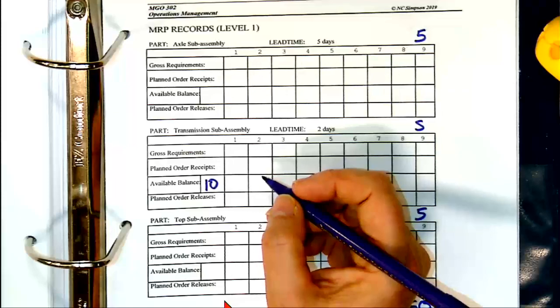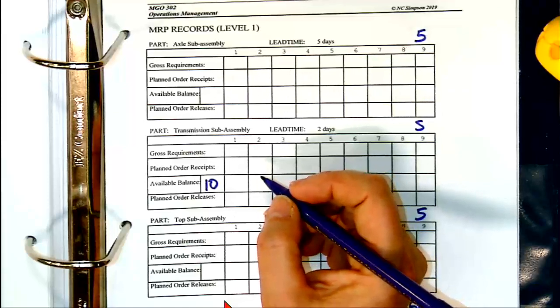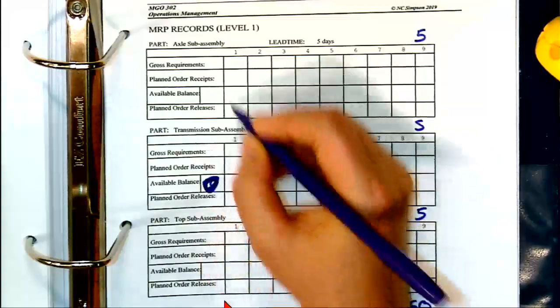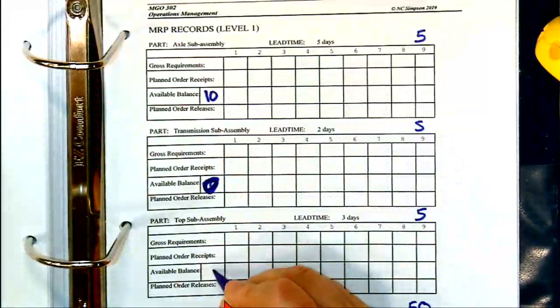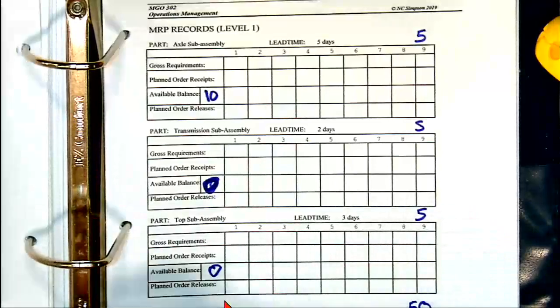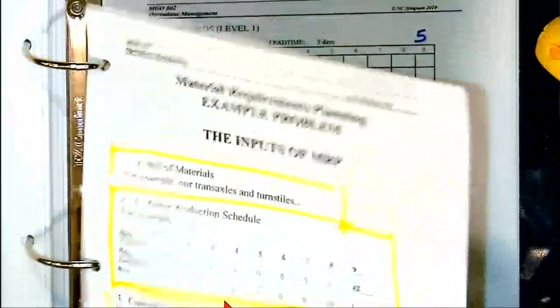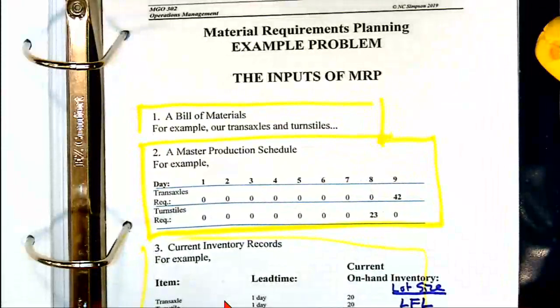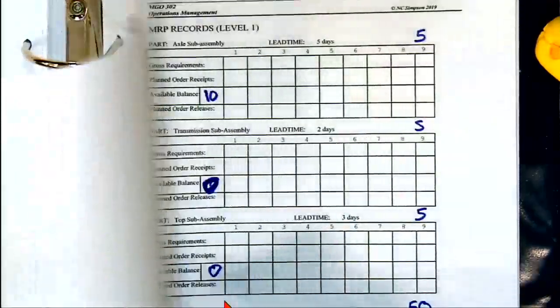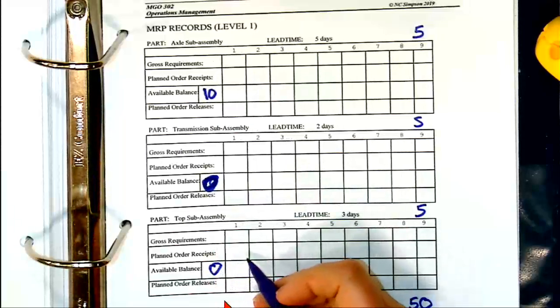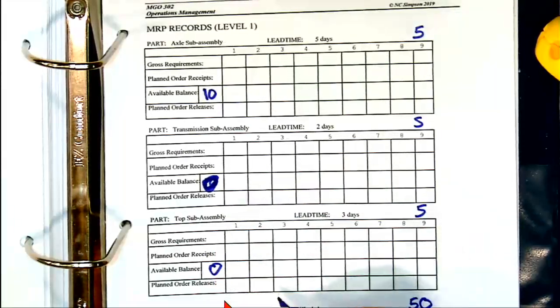And, oh no, wait a minute, that's an axle subassembly, right? Yeah. We have 0 transmission subassemblies, 10 axle subassembly, and 0 top subassembly. Let me just check what I just said, or the numbers don't come out right. Axle subassembly, 10, there's 10 in stock. None here, none here. For the top subassembly, none.